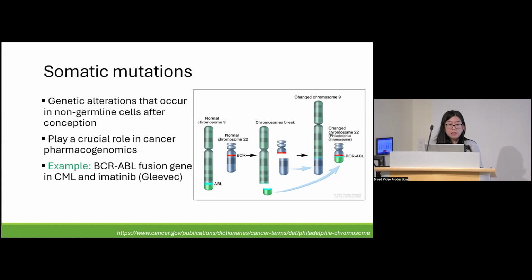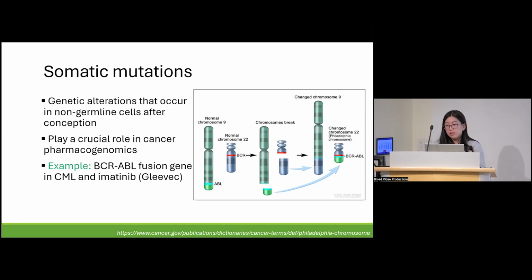So one key example here is the BCR-ABL fusion gene in chronic myeloid leukemia. The vast majority of individuals with CML have this BCR-ABL protein that's made as a result of a translocation between chromosomes 9 and 22.